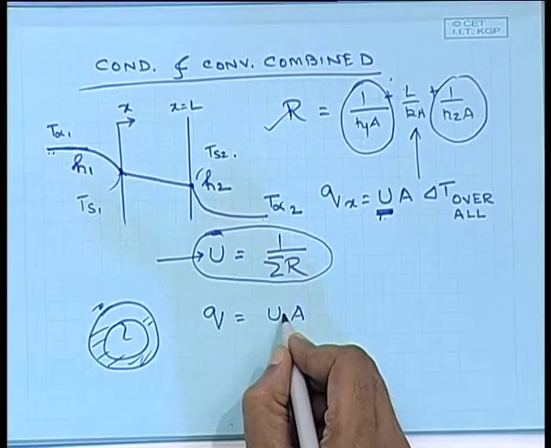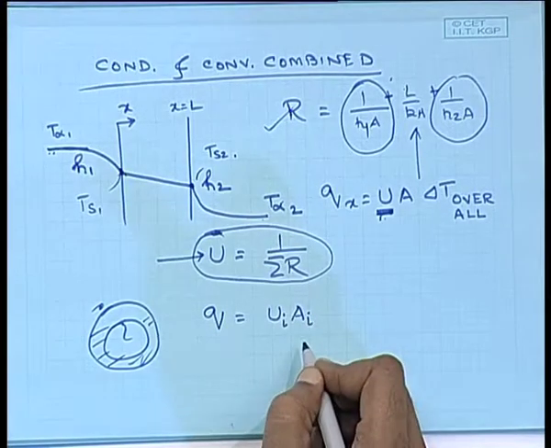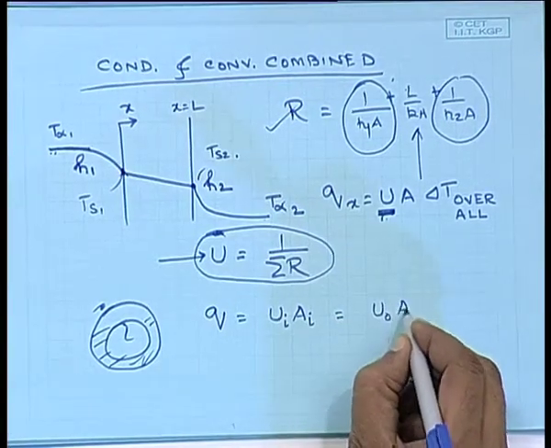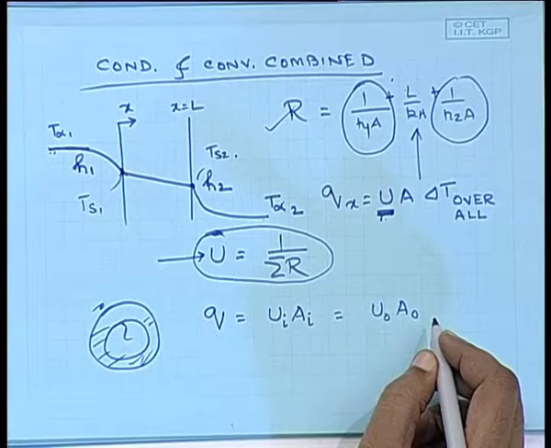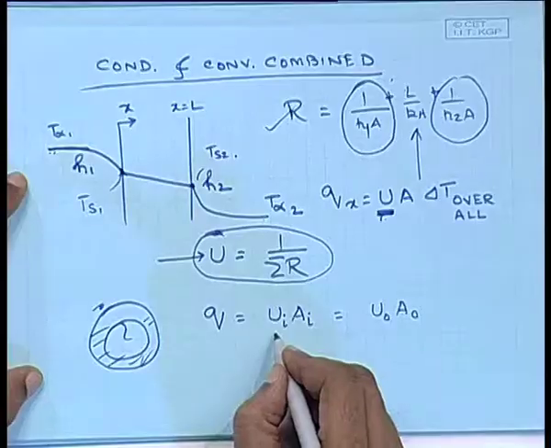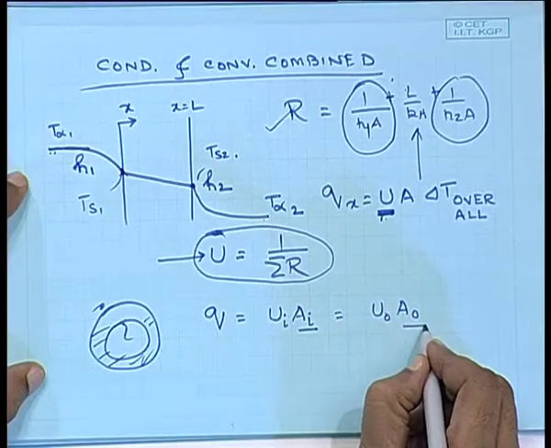A is different for each of them. So, I should be able to express something based on internal area. I can also write this to be equal to outside area. So, whenever you think of systems in which your surface area changes, then you can have two different types of U's, overall heat transfer coefficients, based on inside area or based on outside area.